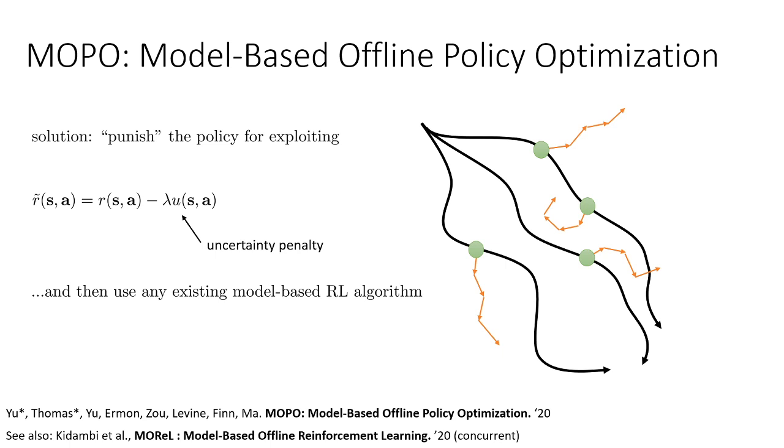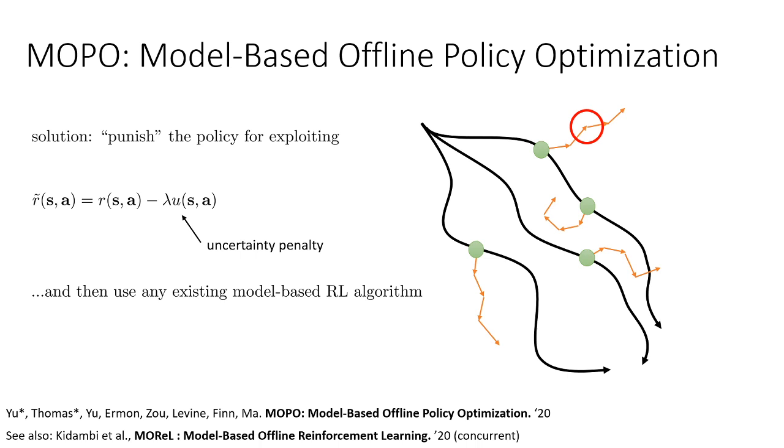So if your policy ends up choosing some action that fools the model into going into a state with a high reward, but that transition is erroneous, then we want the uncertainty penalty to be large in those situations. So the uncertainty penalty basically has to quantify how wrong the model is. If the model goes into an erroneously good-looking state, then the model must have done something wrong, and if we have a good uncertainty penalty, it should be able to catch that.